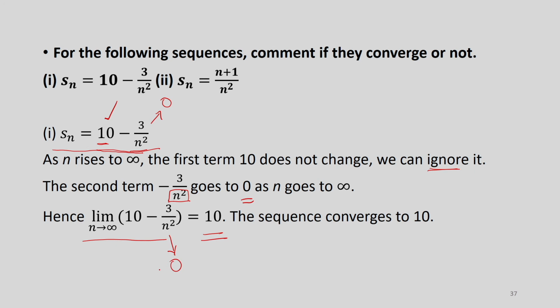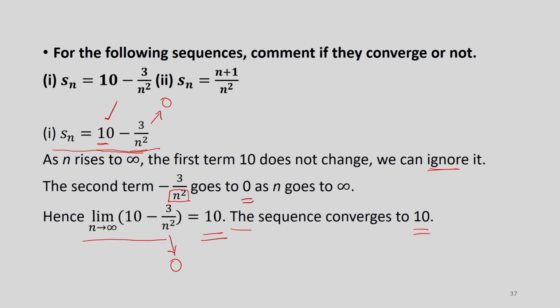And as we know, that is the definition: if Sn tends to some constant as n goes to infinity, then the sequence converges. In this case, the sequence converges to 10.